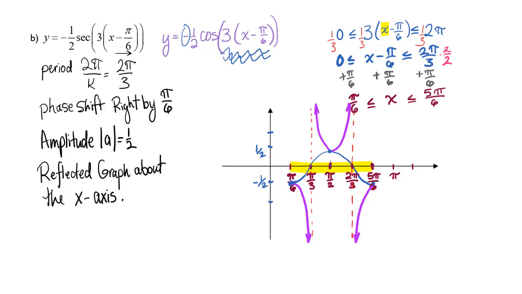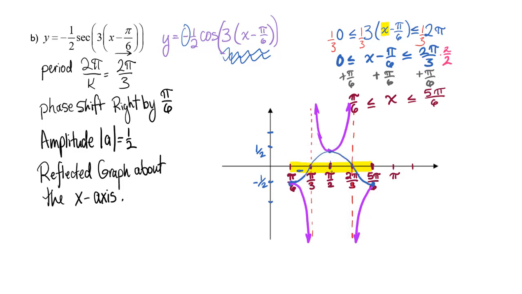Secant approaches negative infinity as it approaches pi over 3 from the left, and it approaches positive infinity as the function approaches pi over 3 from the right. And so you can see how whether the function is positive or negative can determine whether the u goes downward or upward as it tends toward positive or negative infinity.